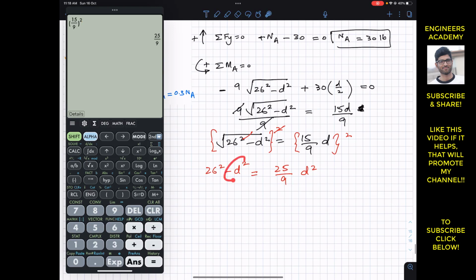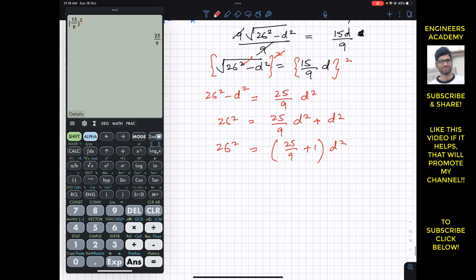Now if I bring this d square term to the other side of the equation, we will have 26 square equals 25 divided by 9 d square plus d square. Now we can write that 25 divided by 9 plus 1 into d square is equal to 26 square, and 25 divided by 9 plus 1 gives us 34 divided by 9 d square equals 26 square.